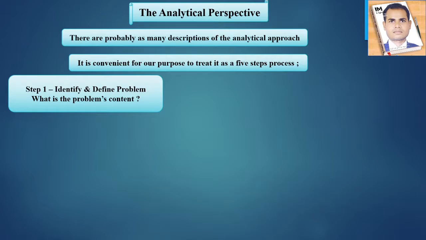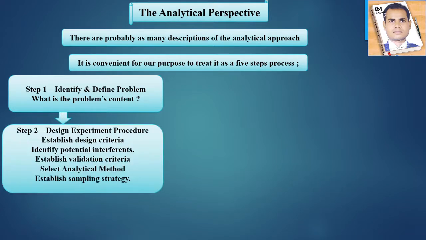In the first step, we have to fix what the problem contains. In the next step, we have to design the experiment, with the help of which experimental procedure we can identify and define the problem. So in this case, establish the design criteria, identify the potential interferents, and establish the validation criteria. All these things we have to see in the second step.